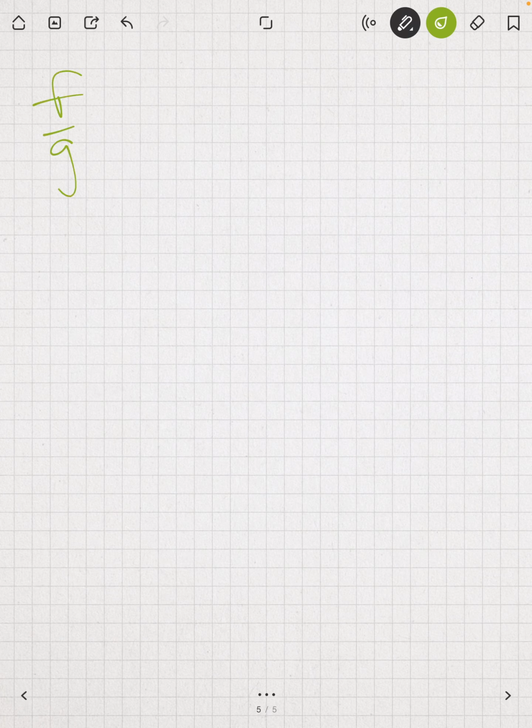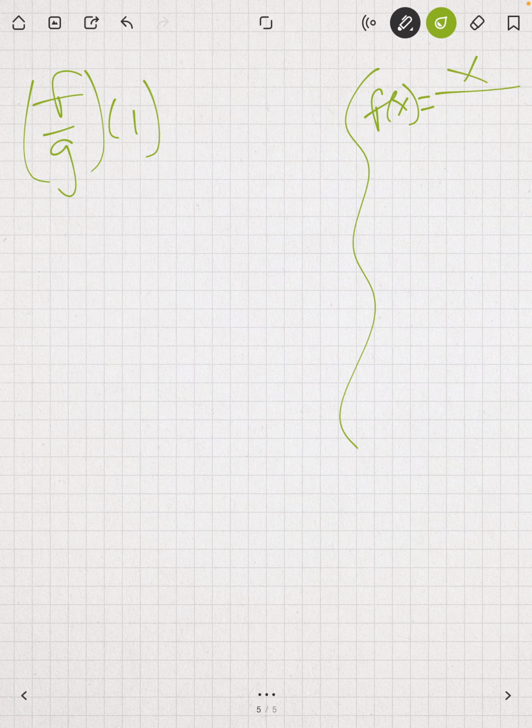f over g of 1. So here, remind us over here, f of x equals x over x minus 4, x minus 2, and g of x, we had 3 minus x.